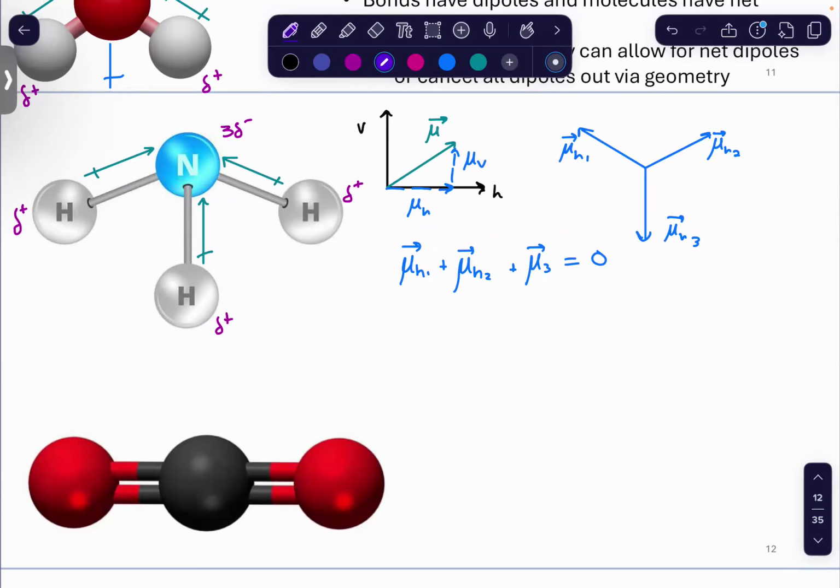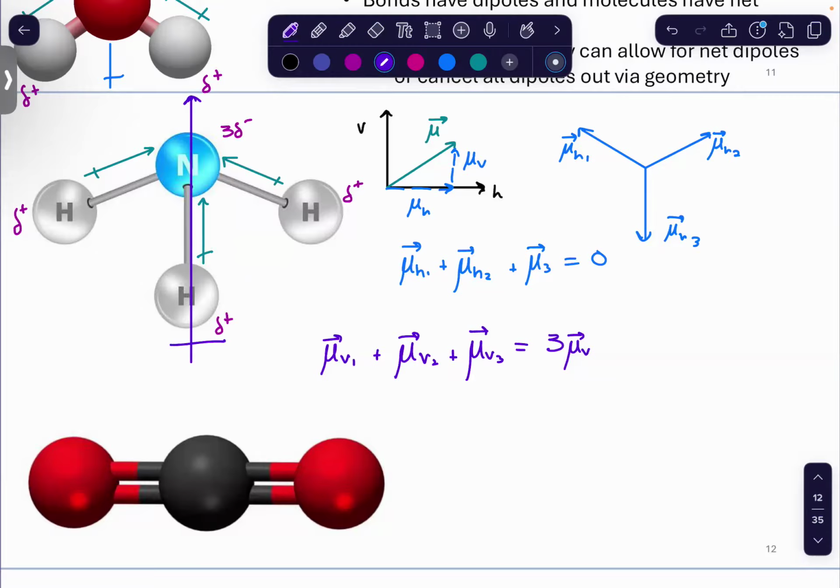So essentially you could say this has a magnitude of 3 mu v. Since that's not 0, we have a polar molecule. If everything canceled out, we would have a nonpolar molecule, but that's not what happens. I'll just draw it through.